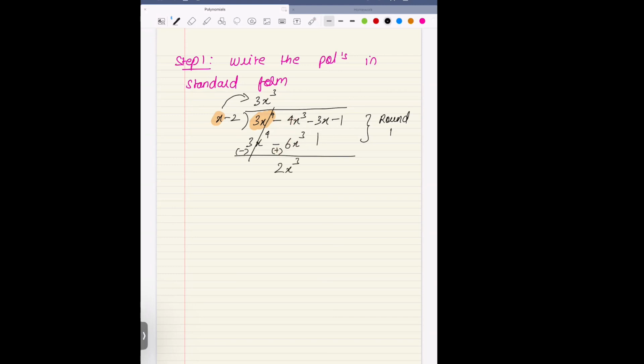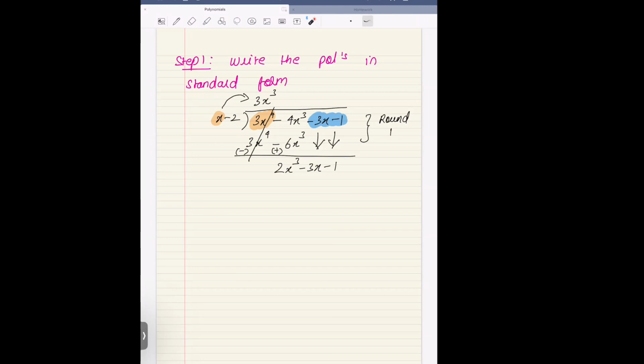And remember, whatever is left will come down. So minus 3x minus 1 was left, and this will come down. So this completes your round 1. Any doubts? Okay, now second round, you will repeat this step.